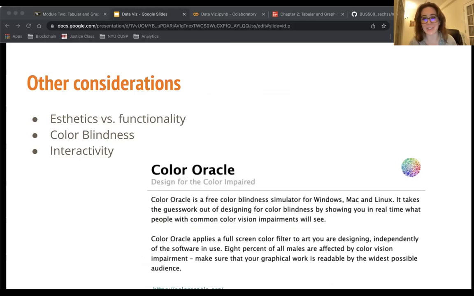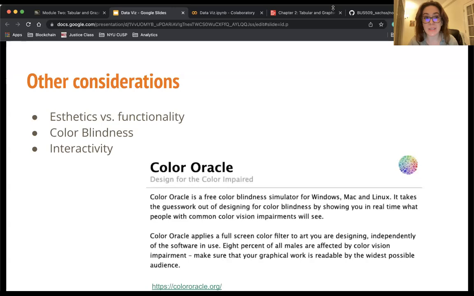One other item I want to talk about is thinking about aesthetics versus functionality when making our information accessible to all viewers. There is a larger proportion of men that have color blindness compared to women. That's just higher. But the colors we use in our visualizations can actually be very difficult to interpret for someone who experiences color blindness.